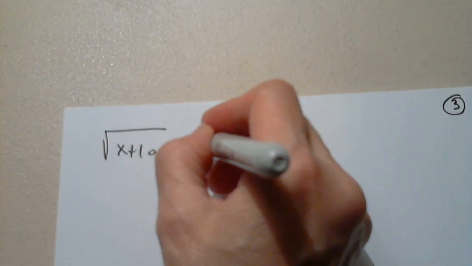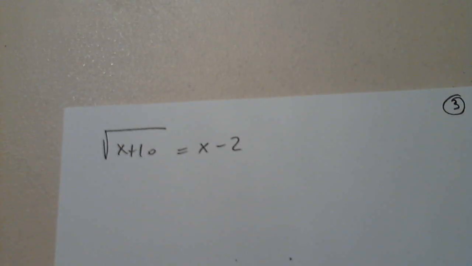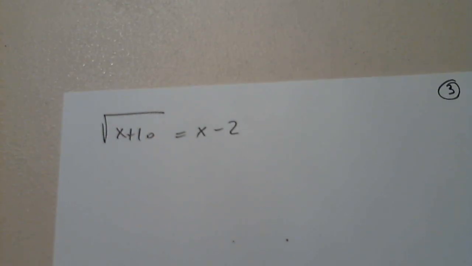Other types of equations. Okay, so let's say a radical equation. Let's say the square root of x plus 10 equals x minus 2. This is a radical equation. Anyone remembers what we need to do here to solve for x? What is the operation we need to perform?